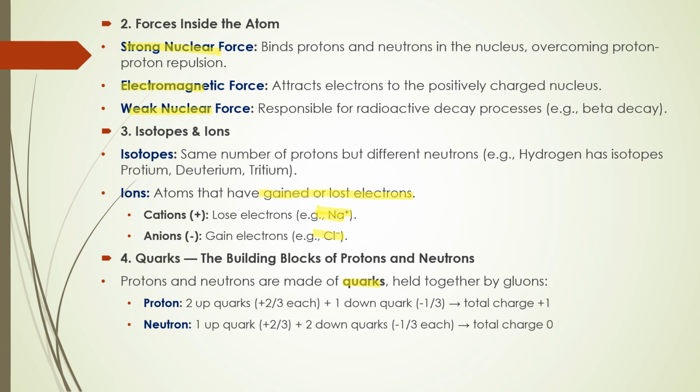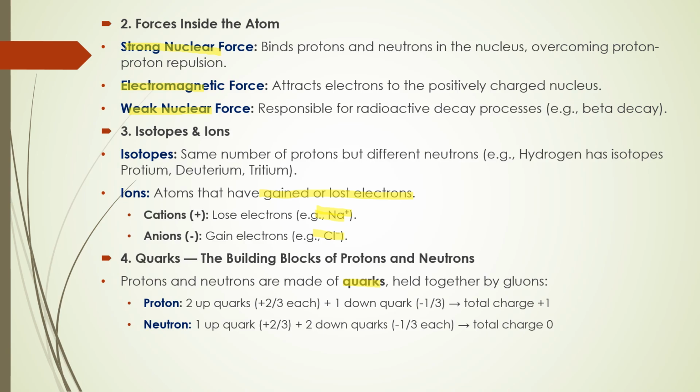The variation leads to different atomic masses but does not significantly alter the element's chemical behavior, because chemical behavior is usually given by the electrons, while physical behavior is usually given by the neutrons. So if there are two isotopes, their physical behavior will be different, but chemical behavior will be the same, because in isotopes the number of electrons remains the same.